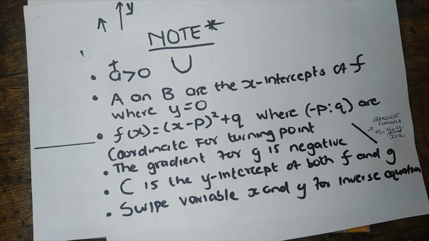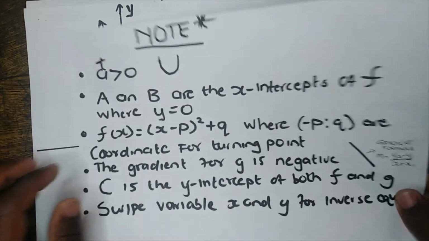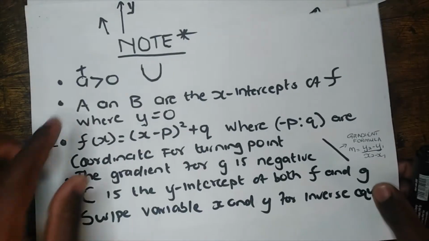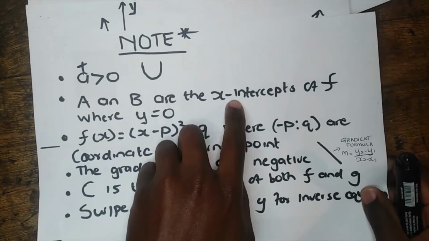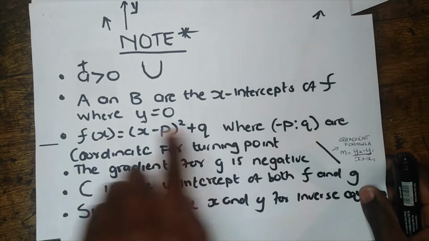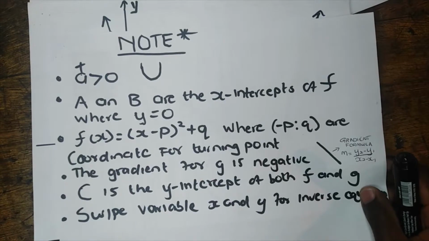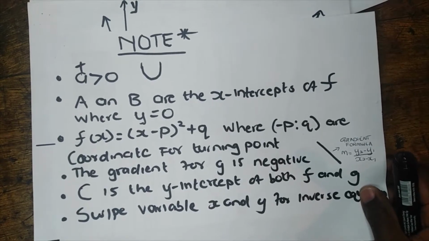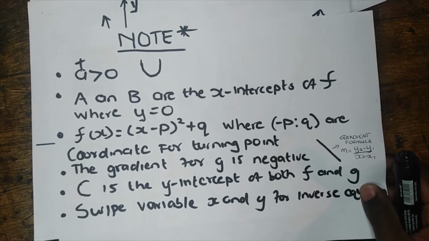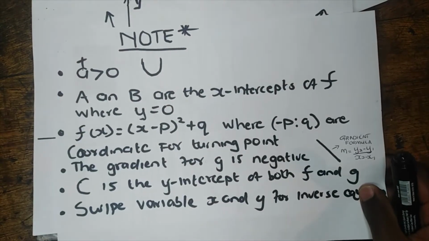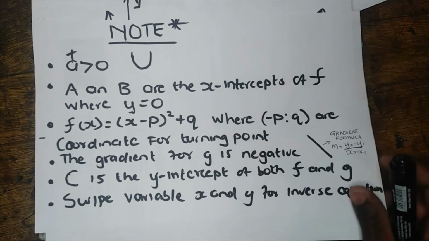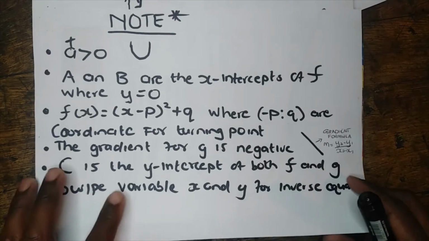And a and b are the x-intercepts of f. So if a and b are my x-intercepts of f, then y is equal to 0. That is important. When it's an x-intercept, y is 0.